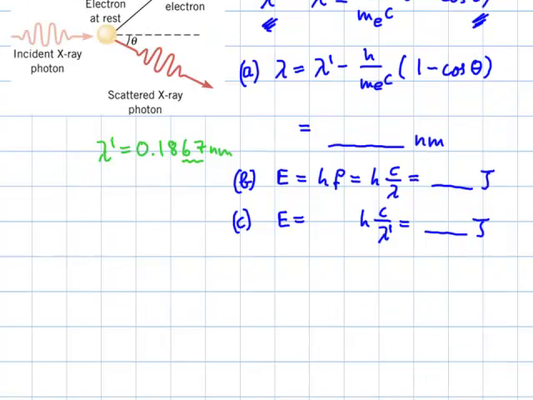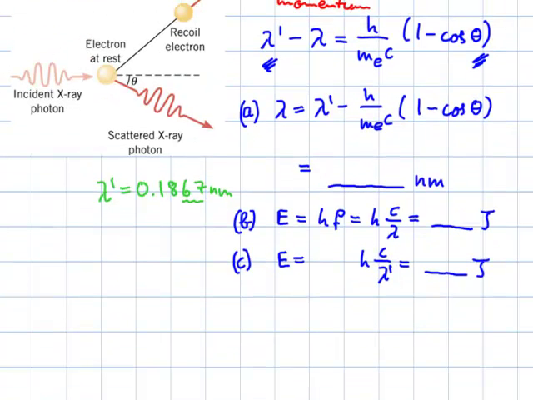And in part D, we're supposed to come up with the kinetic energy of the recoil electron. Well, that's really easy. I mean, it would be 1/2 mass times velocity squared, but nowhere in here do we figure out what the velocity is.